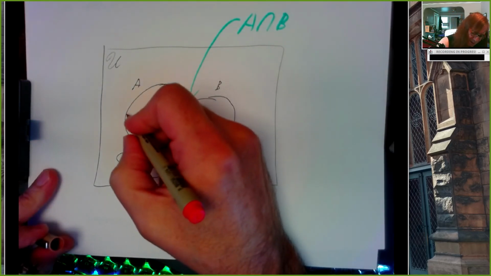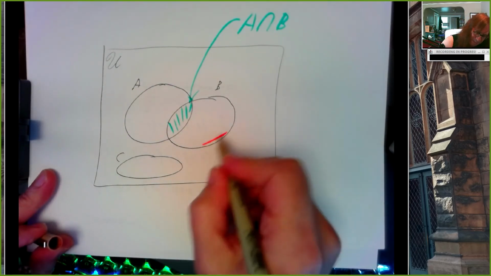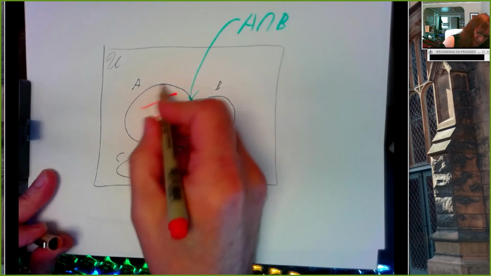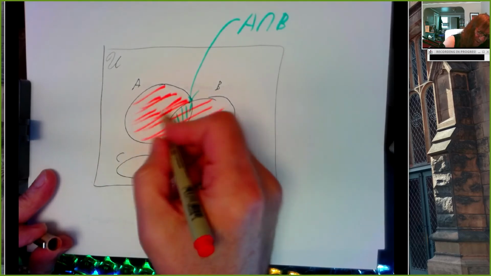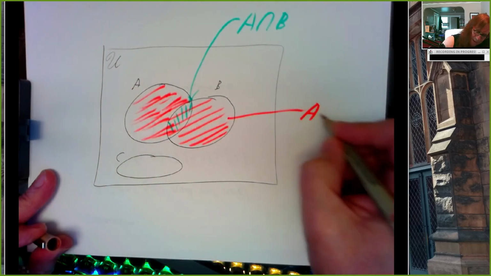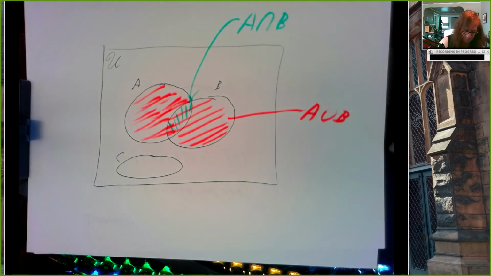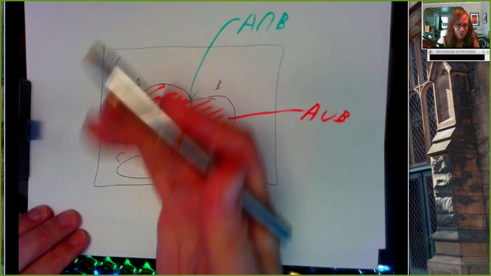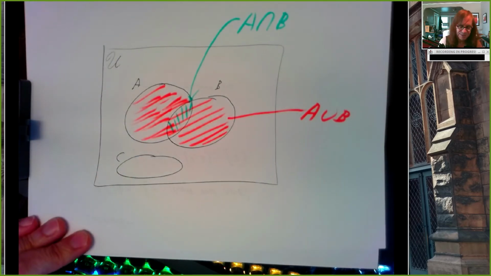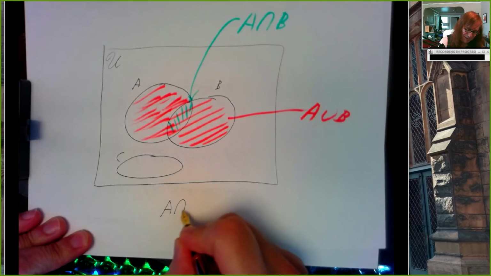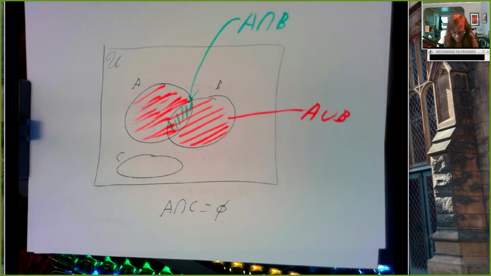If we look at the collection of everything that's in either A or B or both, that's the union. And if we look at the overlap between, say, A and C, there is none, and so the intersection of A with C would be the empty set. Empty sets are hard to draw in Venn diagrams because they're nothing. It's hard to draw nothing.